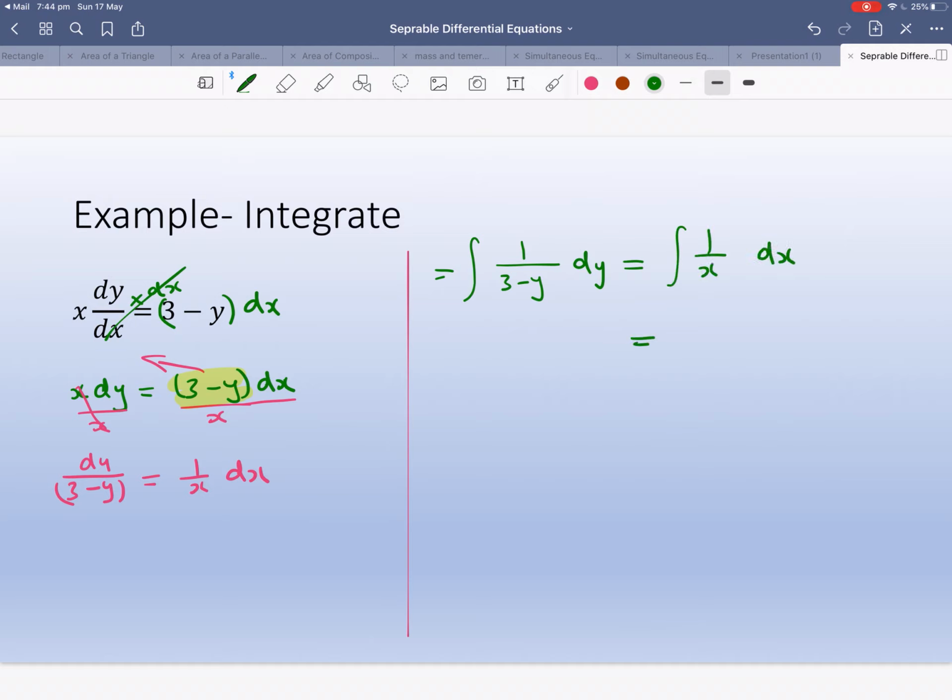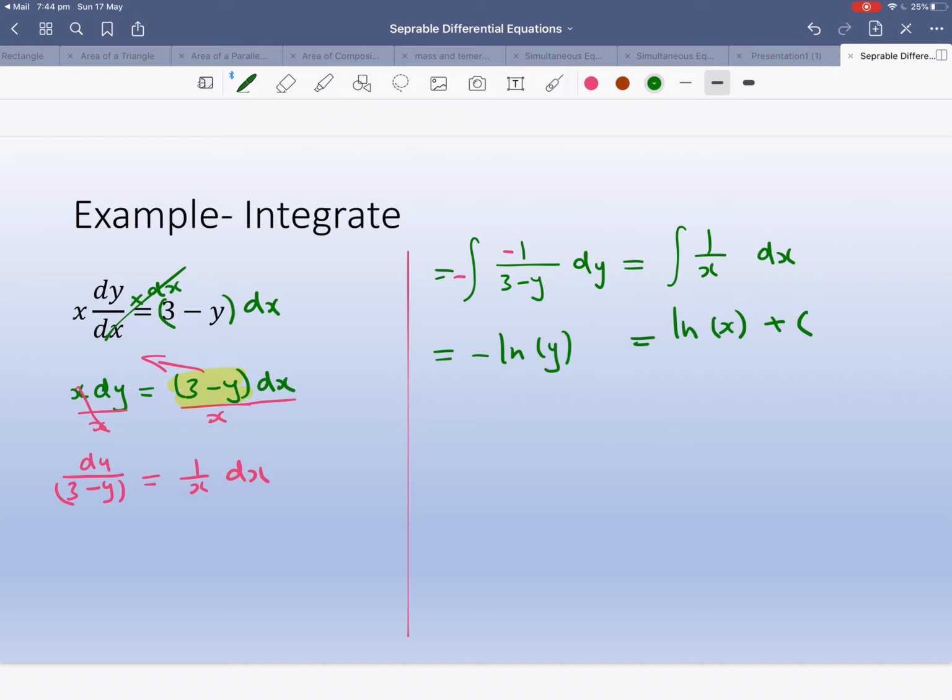Now this right hand side is very simple. It looks like it's just the log of x, so it's going to be log of x plus c. And this side, it looks like it's going to be log as well, because the derivative of this is just going to be -1. So I can compensate by putting a negative here and another negative there. So that will equal negative log of y.